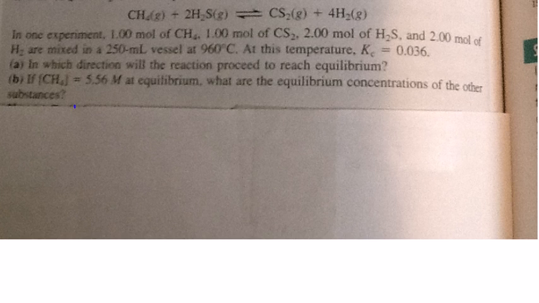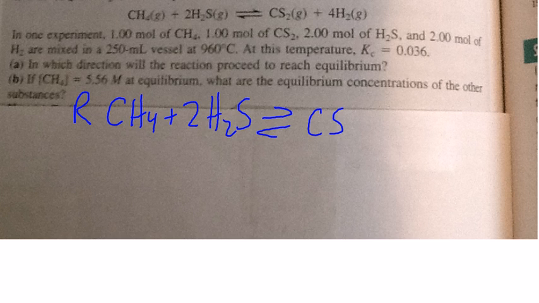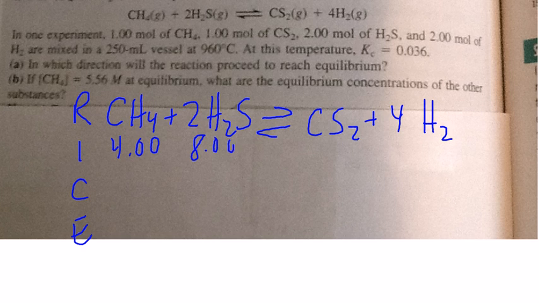So our reaction, CH4 plus 2 H2S goes to CS2 plus 4 H2. And what we found out before was that this initial concentration was 4 molar. This was 8 molar. This was 4 molar. And this was 8 molar.